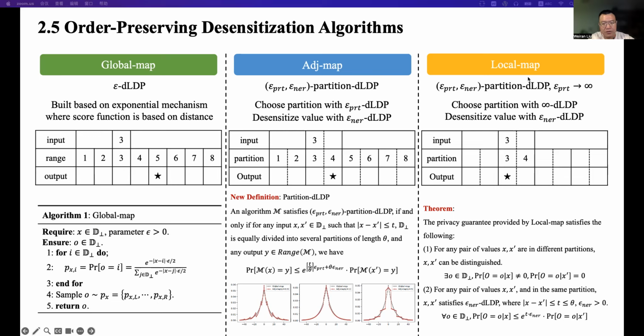Local map is similar to adjust map, except that we set epsilon partition as infinity. The theorem shows that for local map, if x and x prime are in different partitions, then there is no privacy guarantee. Otherwise, we can obtain epsilon neighboring DLDP.